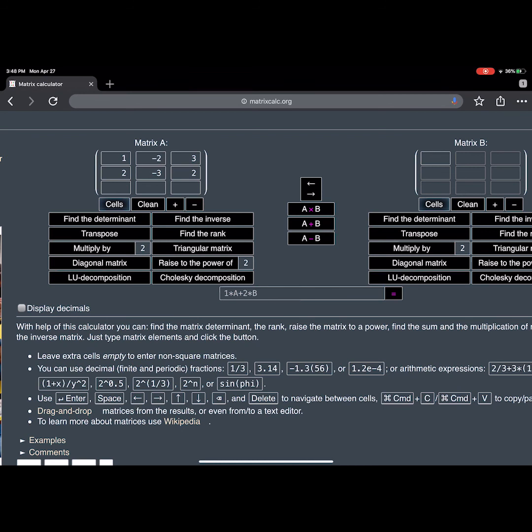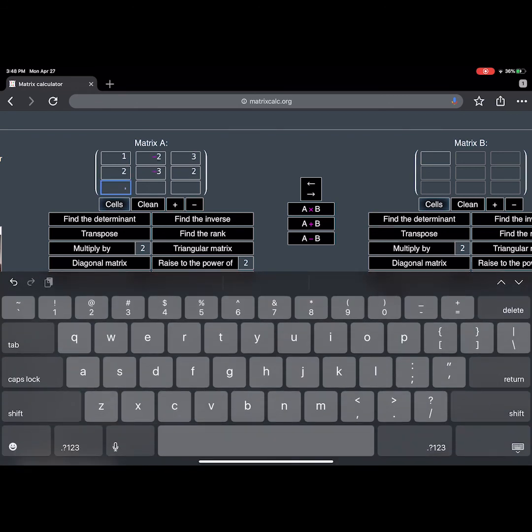I've put the first two lines of that A in there, because I want to show you how to use this. This third line, we need a -1, so you use that -1, and then a 1, and then a 2. So it's really easy to type in the matrix.